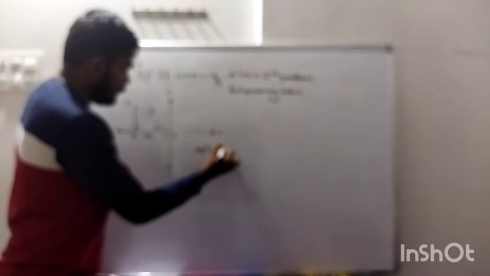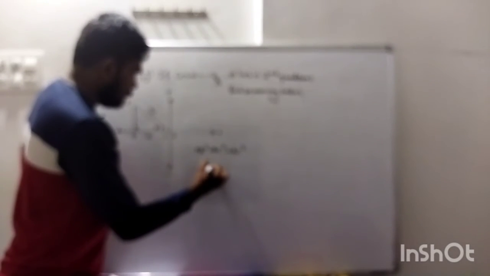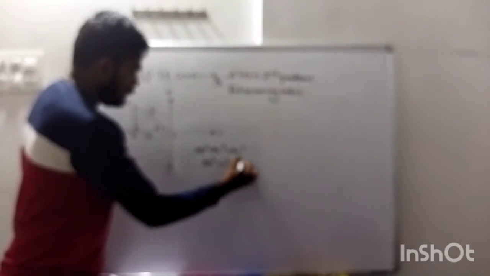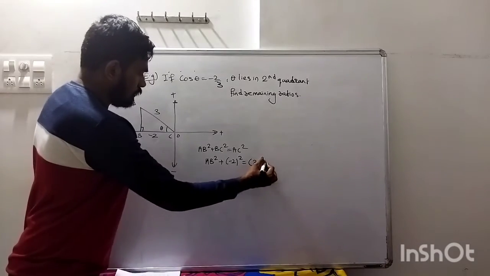We do so by Pythagoras theorem. I take this as A, this as B, this as C. AB square plus BC square is what? AC square, correct? Now what is AB? We don't know. BC is minus 2, squared, is equal to AC 3 squared.